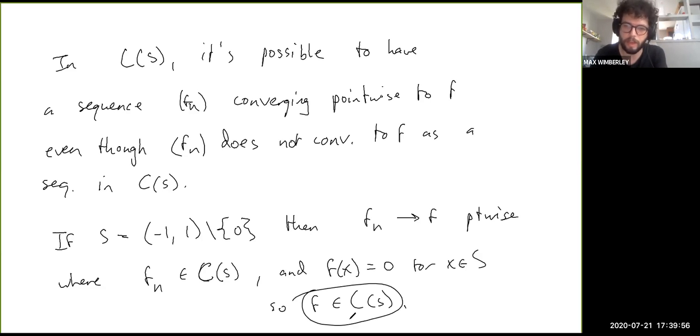I wouldn't be able to say that F was in C of S if I was still including the point 0, because the whole point of the example was that F itself wasn't continuous at 0.